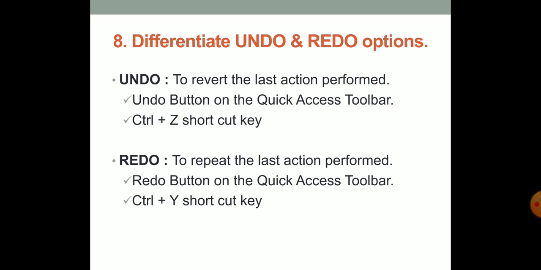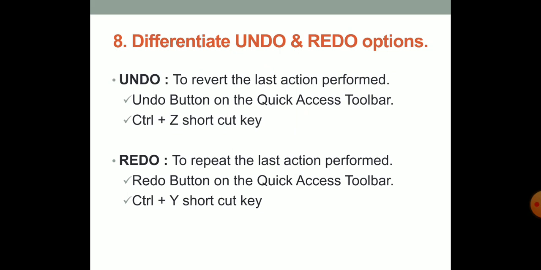Now what is redo? Redo means you have to repeat. We are asking you to redo the sums again. That means you have to repeat the sums. So in this case, redo means you are going to repeat the same action. For that, you can use the button on the quick access toolbar, or you can use Control plus Y as the shortcut key.